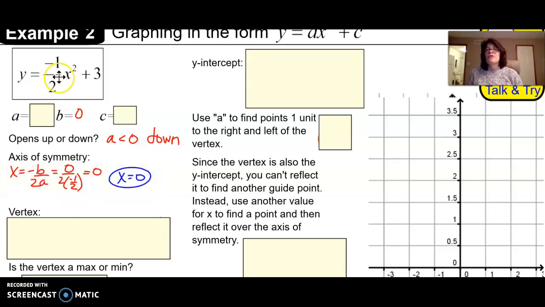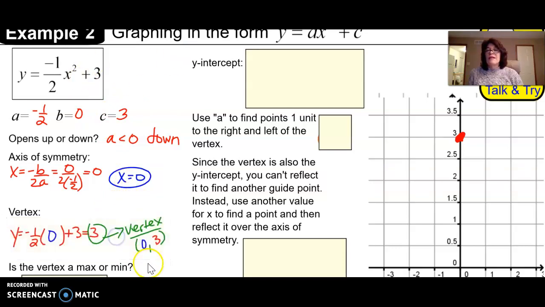The axis of symmetry is at x equals 0. And so our 0, 3 ends up being our vertex as well as our y-intercept. That's the only difference there. Everything else is the same. The vertex and the y-intercept are the same.